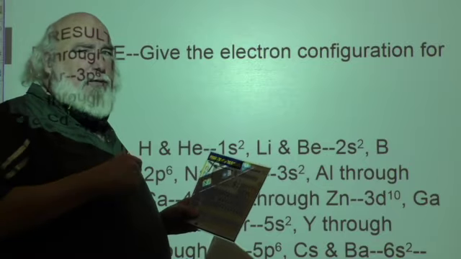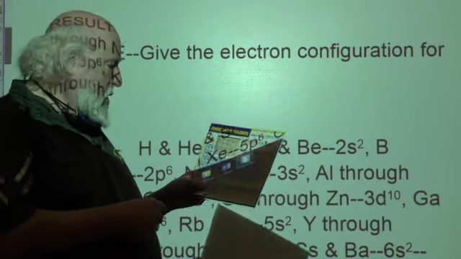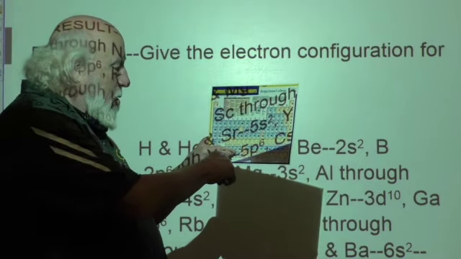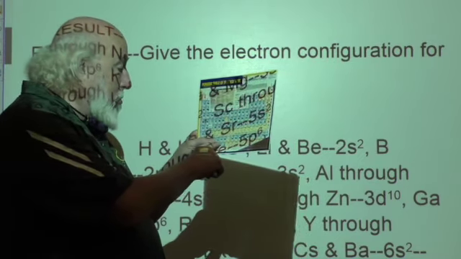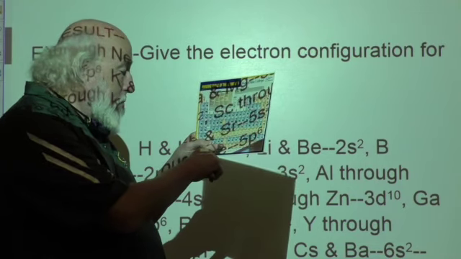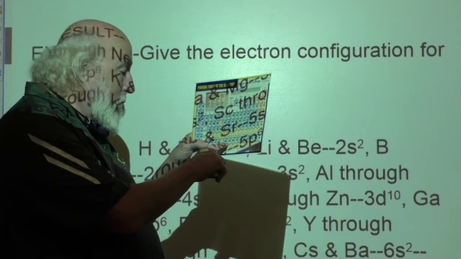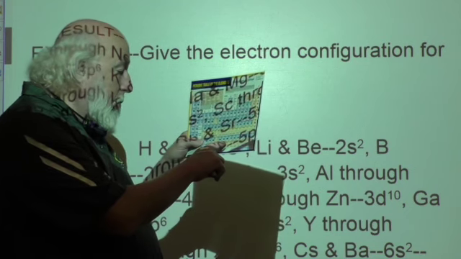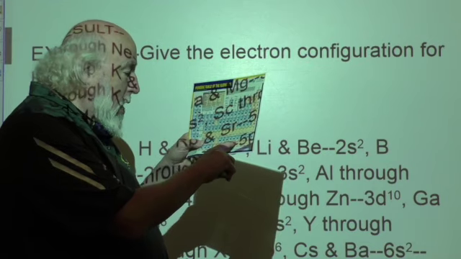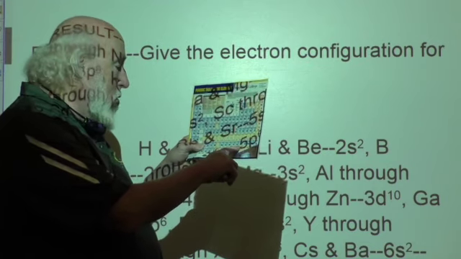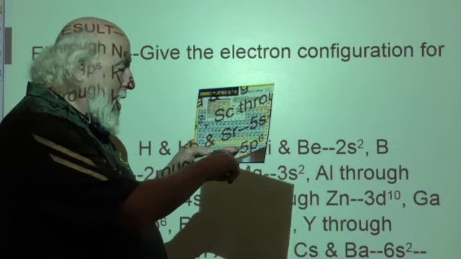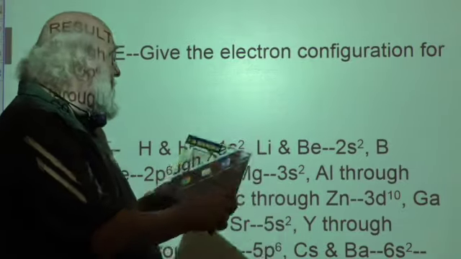So these are 4f's. How many 4f's do we have? Let's count them. Cerium, praseodymium, neodymium, promethium, samarium, europium, gadolinium, terbium, dysprosium, and holmium. That is a total of 10. So that's 4f10, going up to 67.